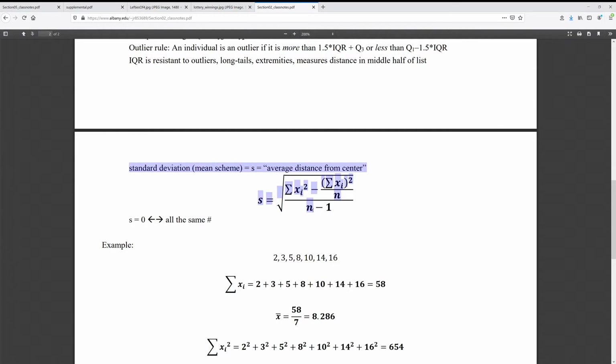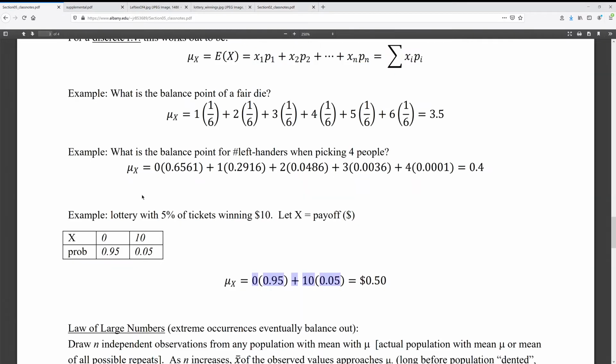The n minus 1 is inherent in the formula no matter which version you use, and we went into why it's n minus 1 instead of n. But the point is that the division is weighting everybody the same. It's saying that the 2 is just as heavy as the 3 is just as heavy as the 5, and so on. What you've got to remember is that we're now not talking about data any longer.